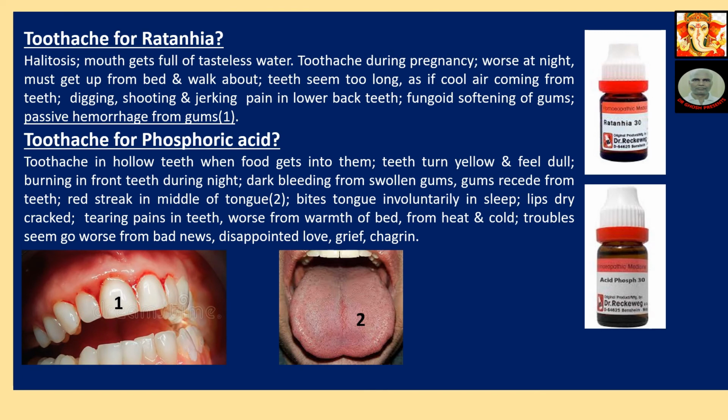Toothache for the next remedy: halitosis, mouth gets full of tasteless water, toothache during pregnancy, worse at night, must get up from bed or walk about, teeth seem too long, as if cool air coming from teeth, digging, shooting, jerking pain in lower back teeth, fungoid softening of gums, passive hemorrhage from gums.